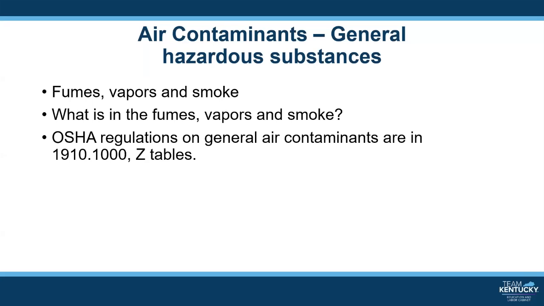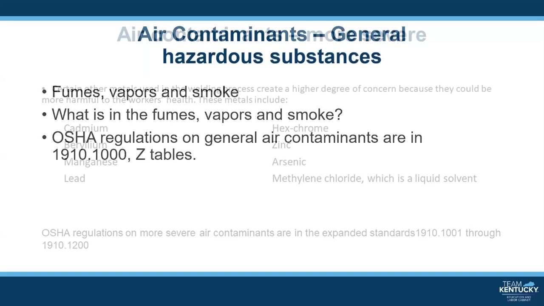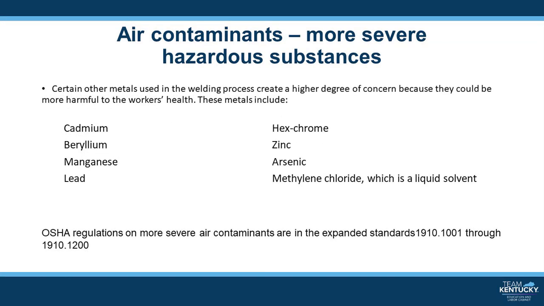We will discuss the potential health effects of several hazardous things that our welder could be exposed to on their jobs. Air contaminants from certain other welding processes can create more severe hazardous substances. Certain other metals used in these welding processes create a higher degree of concern because they could be more harmful to the worker's health.